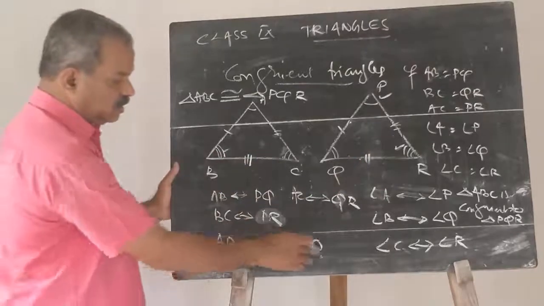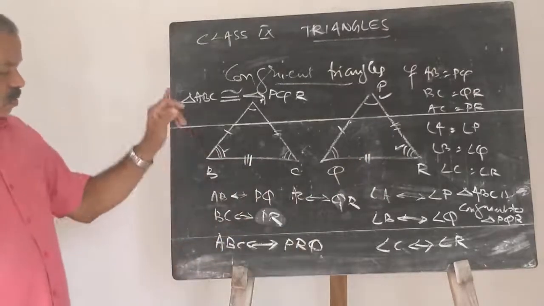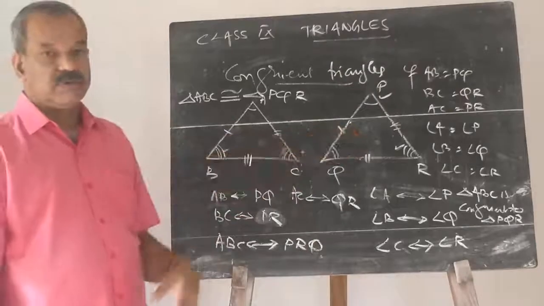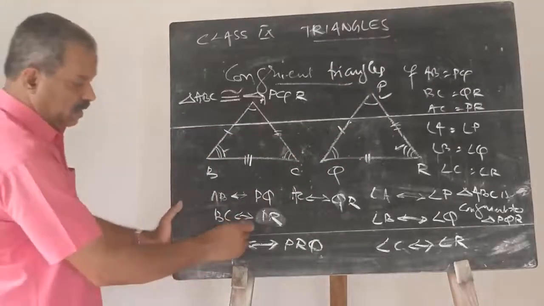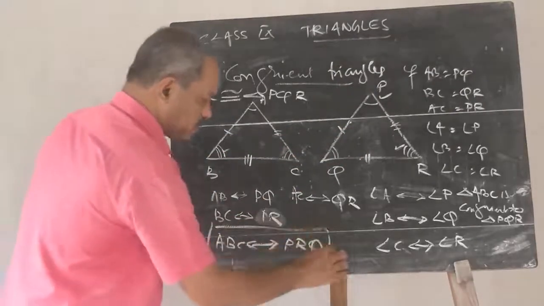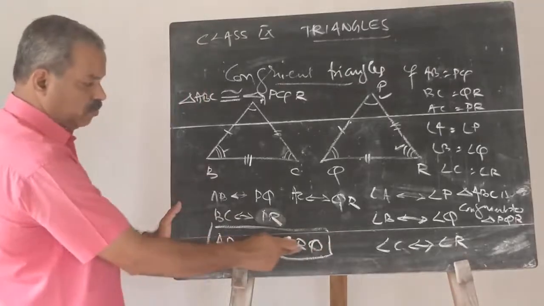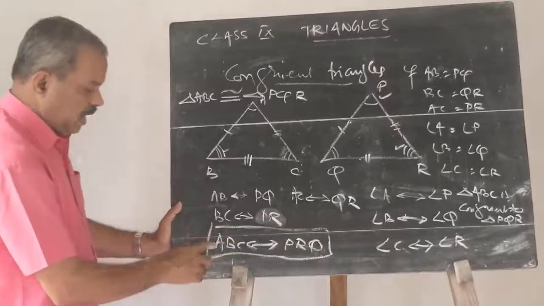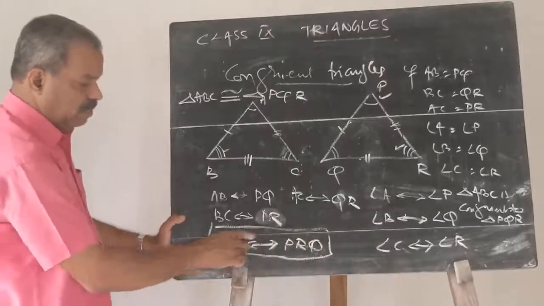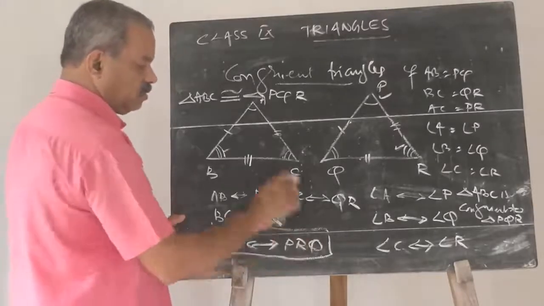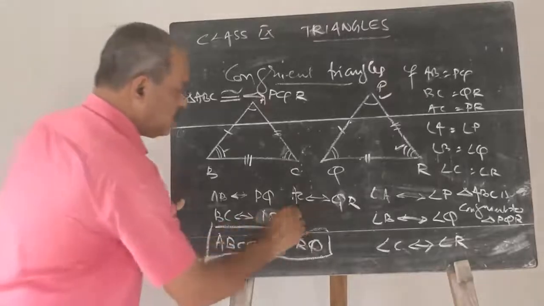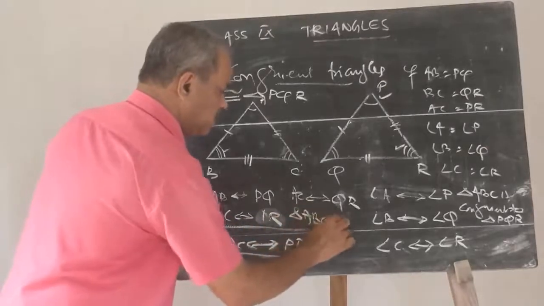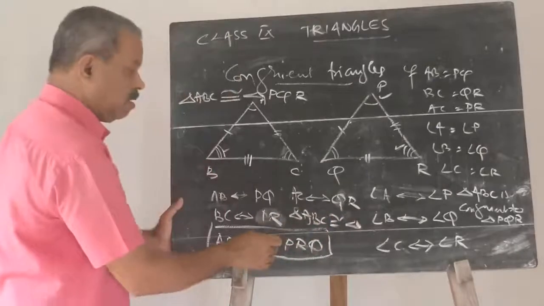And in this case, how do we say that triangles are congruent? If this correspondence is a congruence, AB equal to PR, BC equal to RQ, AC equal to PQ, angle A equal to angle P, angle B equal to angle R, angle C equal to angle Q, then we say that triangle ABC is congruent to triangle PRQ.